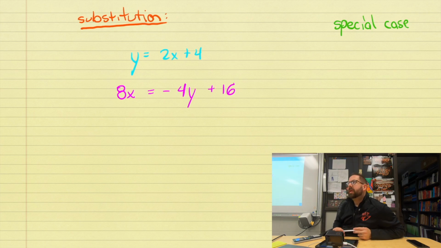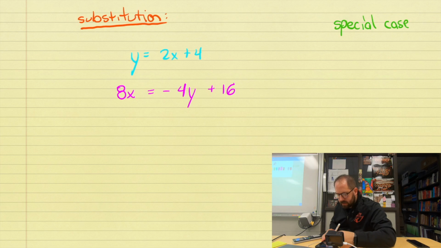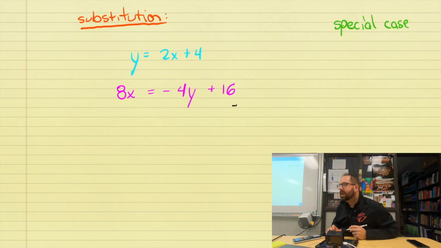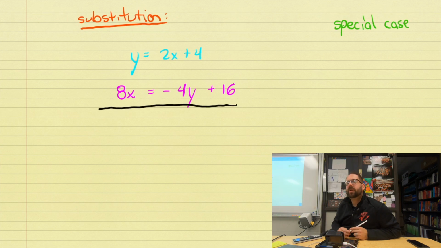I'm really throwing you in the deep end here on this one. So again, it's a substitution problem. I kind of went way out there. I've got a weird kind of setup here. Again, it's not the setup that makes it a special case. It's the actual solution that we're going to have, the answer that you need to fill in on your Google form today.